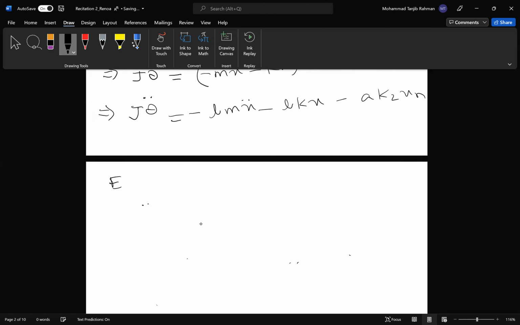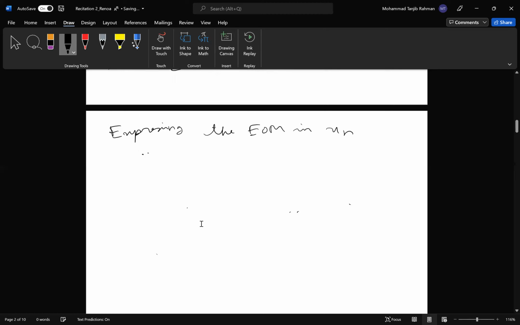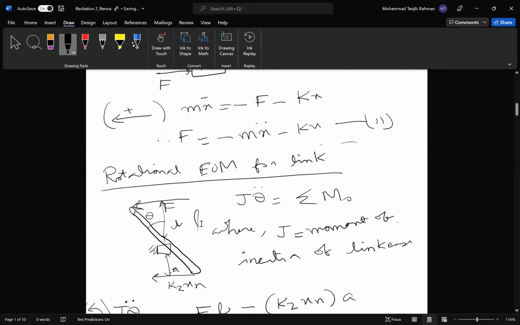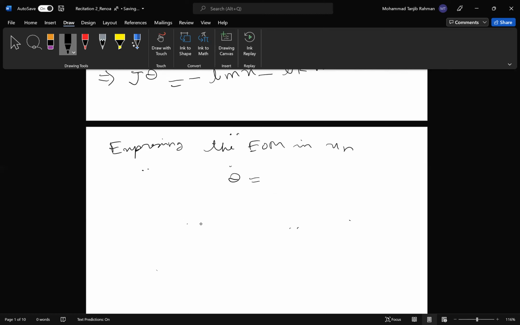Next, we're going to express the whole equation of motion in terms of xn. So we're going to use the following terms. One is theta double dot, which is going to be xn double dot by a. As you remember, xn was equal to a theta.